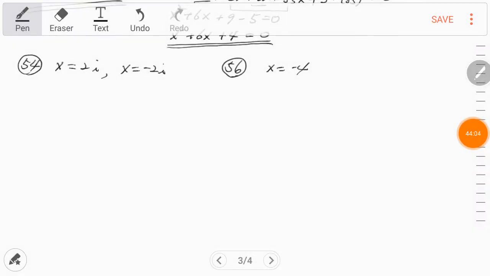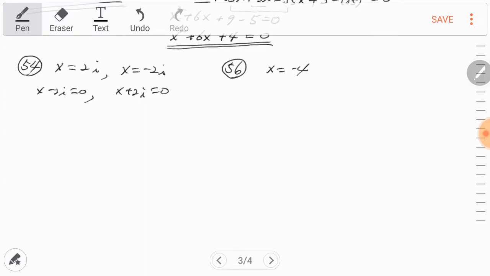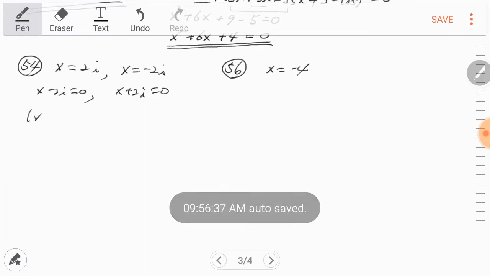Okay, in this example, exercise 54, the solutions are complex, but it doesn't matter. Move 2i to the left, and then negative 2i to the left is equal to 0. So what we do is multiply two binomials.